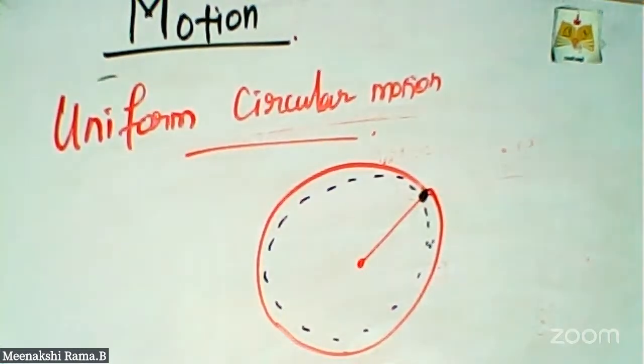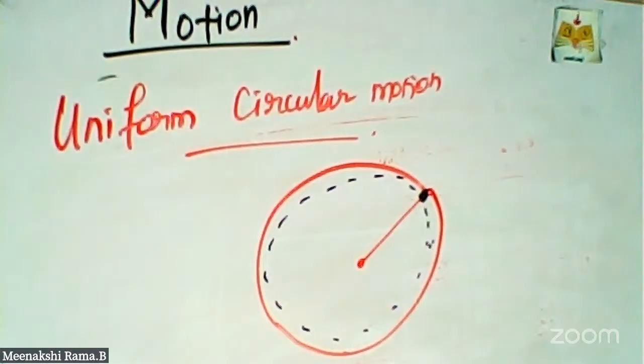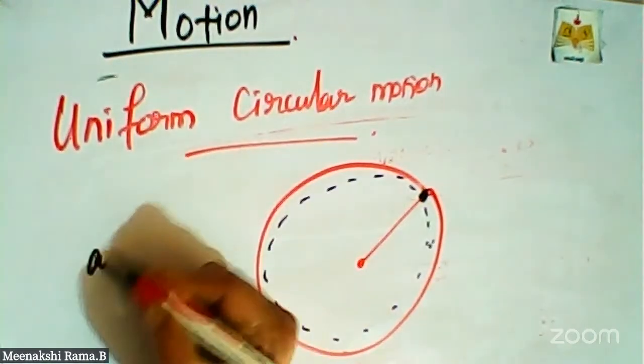So the direction of motion changes at every point when the stone moves along the circular path. When an object moves at constant speed in a circular path, the velocity changes due to the change in direction only. This is called accelerated motion.